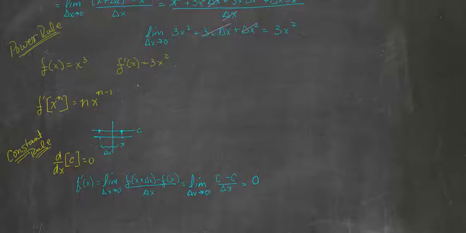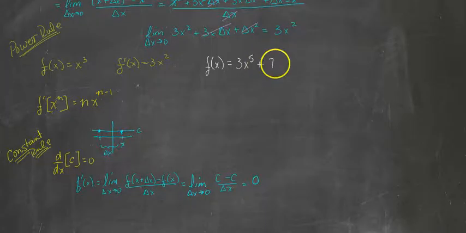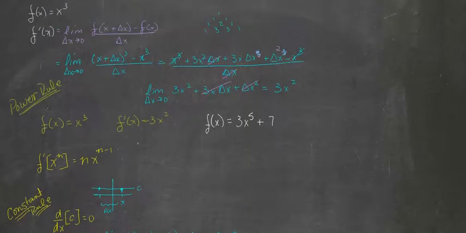So let's put the two of these together and calculate the derivative of f of x equals 3x to the 5th plus 7. Darn it, I have to give you another rule first. There's another rule called the sum and difference rule.